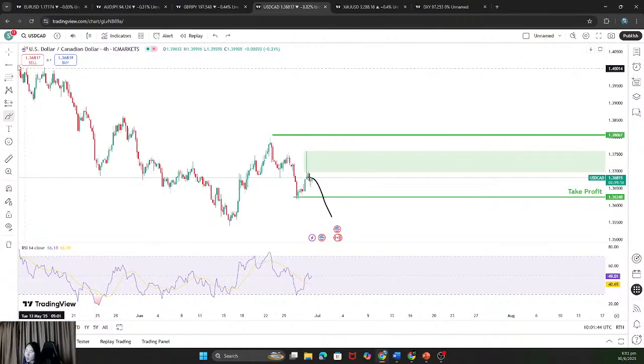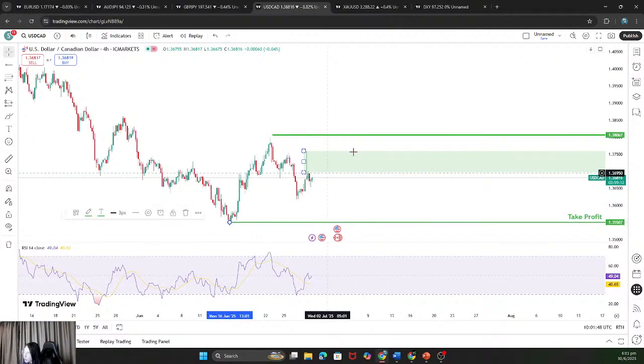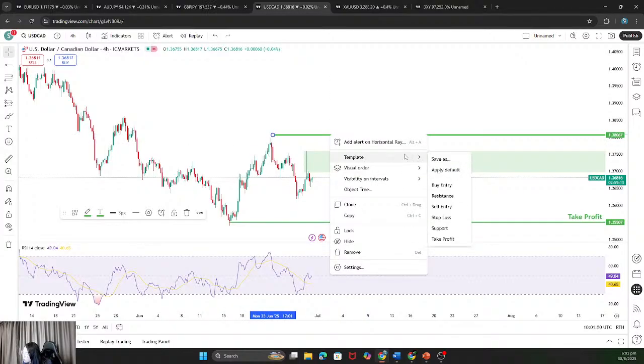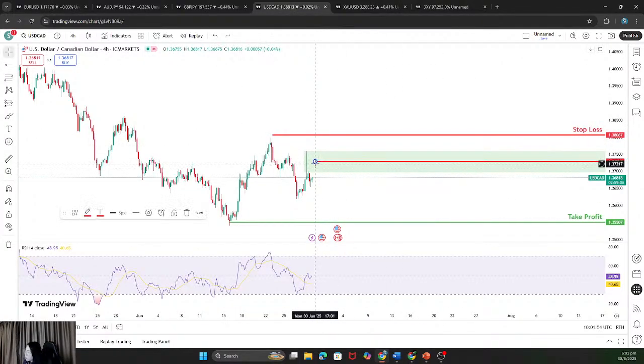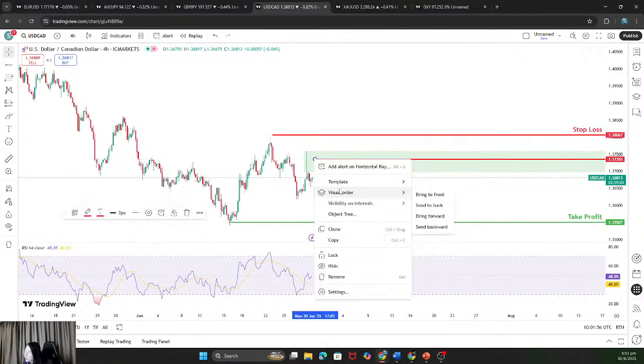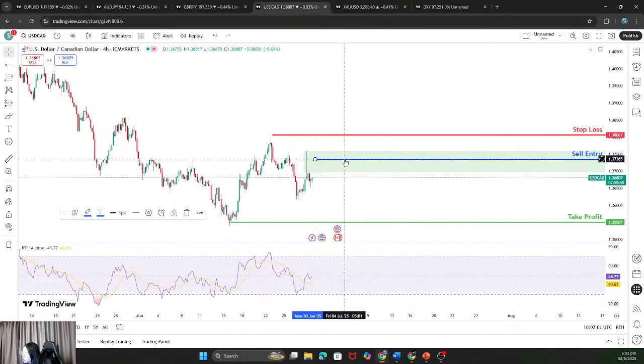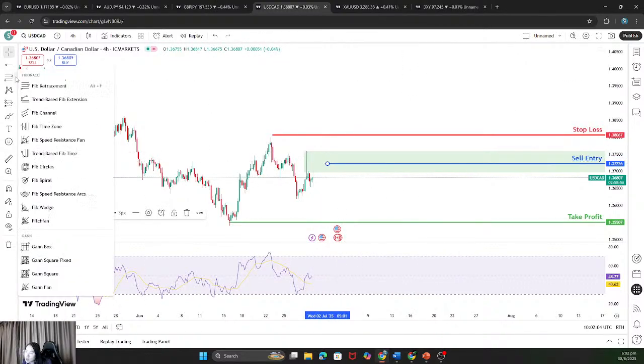So it's gonna be a take profit, this is gonna be my stop loss, and somewhere along this box is going to be my entry. Somewhere along this box is going to be my sell entry. Let me see.